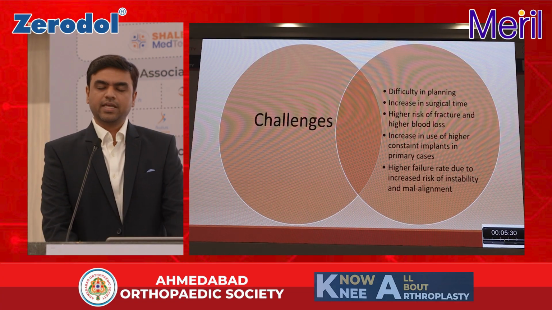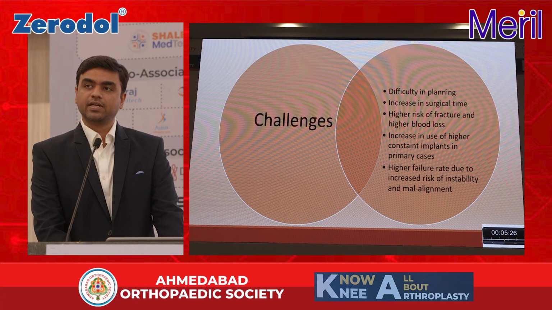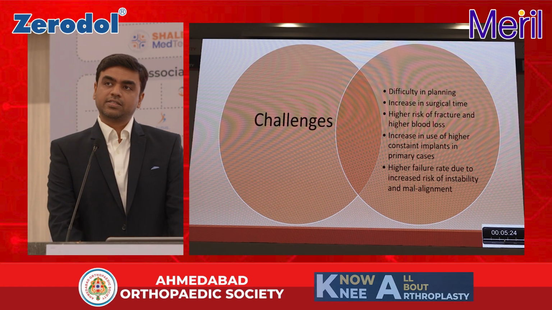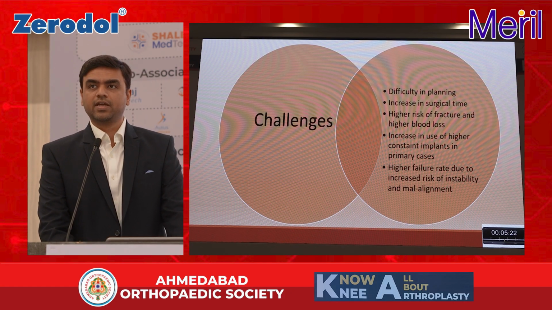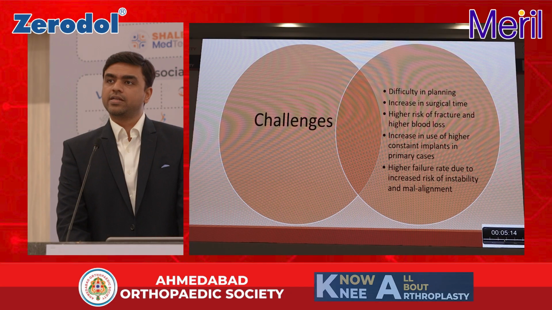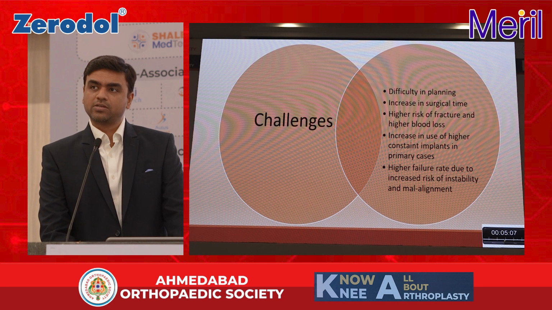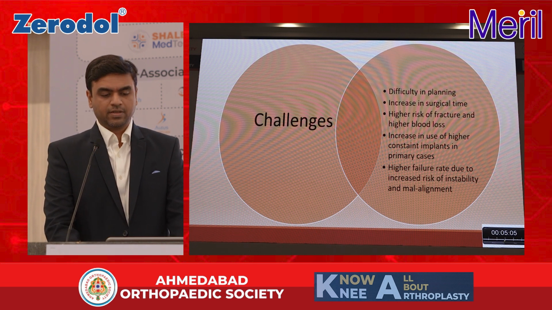So the challenges in such cases I found is difficulty in the planning. The surgical time can increase if we go on removing the whole hardware, which leads to high risk of refracture, higher blood loss. It may increase the use of higher constraints in the primary knee systems and may lead to higher risk of instability and failures.